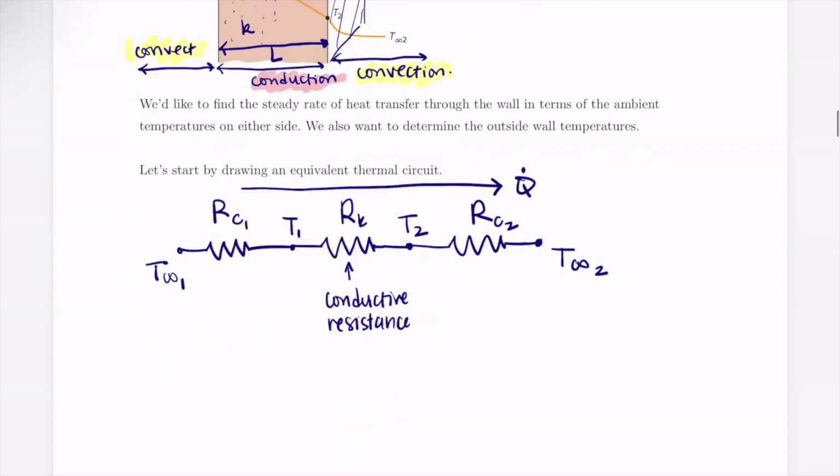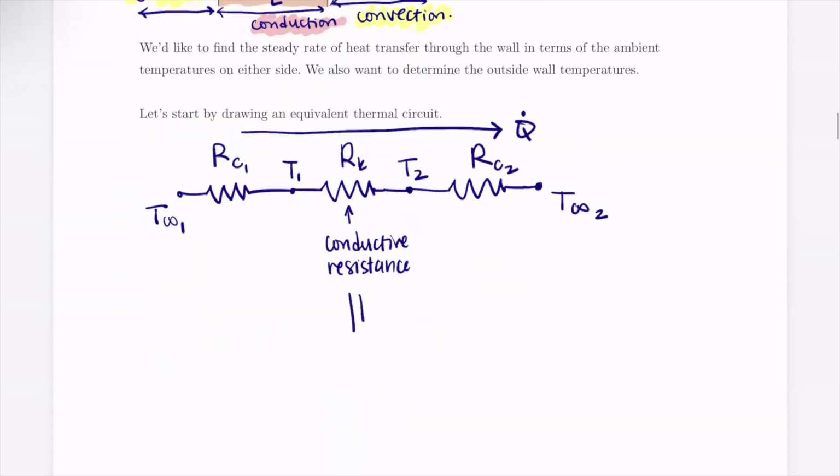What we'd like to do is write this as an equivalent circuit that looks like this, where we still have T infinity 1 and T infinity 2, and the same Q dot going between them, with an equivalent resistance.